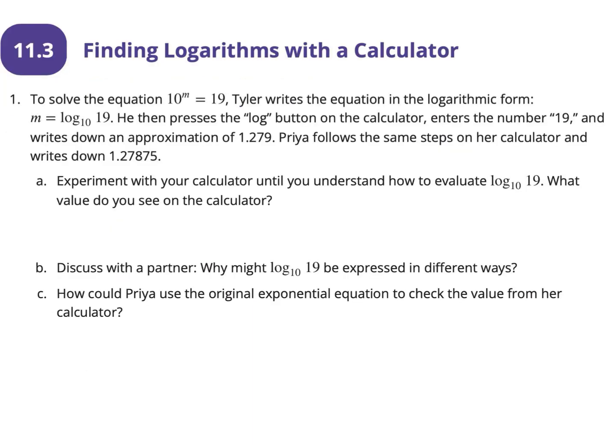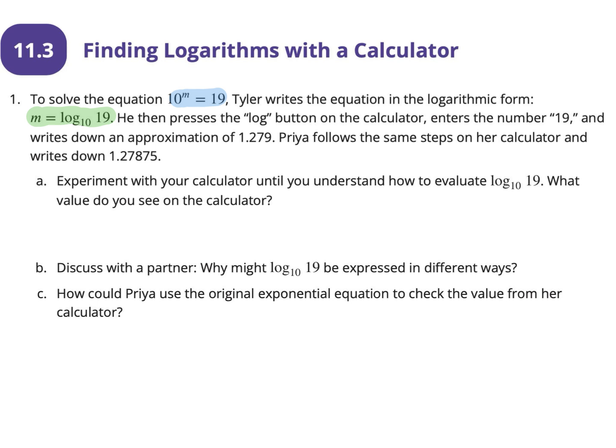Okay, so let's look at finding logs on a calculator. Tyler rearranges the exponential form into logarithmic form, which is what you have to do when you don't know the exponents. You have to transform it.